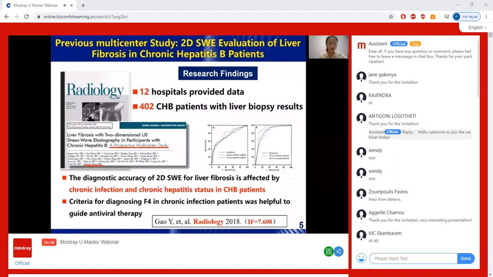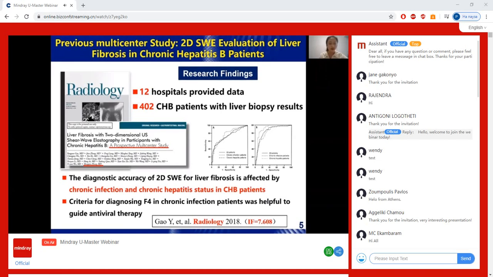Ultimately, a total of 402 chronic hepatitis B patients from 12 hospitals with reliable liver biopsy results were included. It was found that the diagnostic accuracy of 2-DSWE for liver fibrosis is different in chronic infection and chronic hepatitis status.